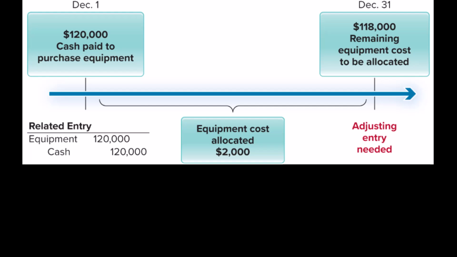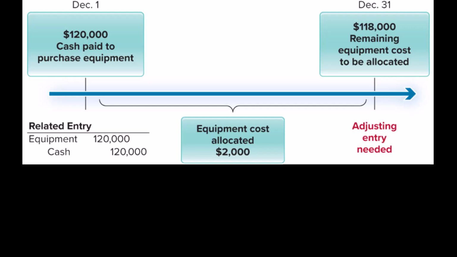Our final prepaid expense is a special one for long-term assets like buildings and equipment. On the 1st of December, Eagle bought equipment for $120,000, which will be used for the next 5 years. We need to allocate the cost of this asset to expense over its useful life. This process is called depreciation.